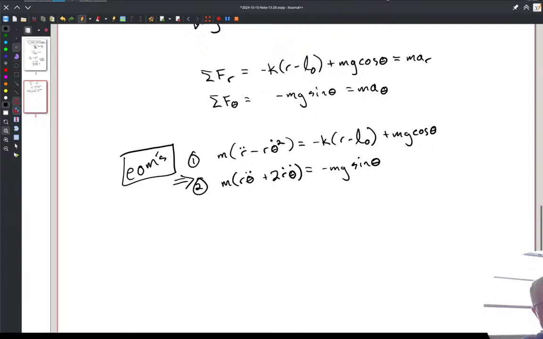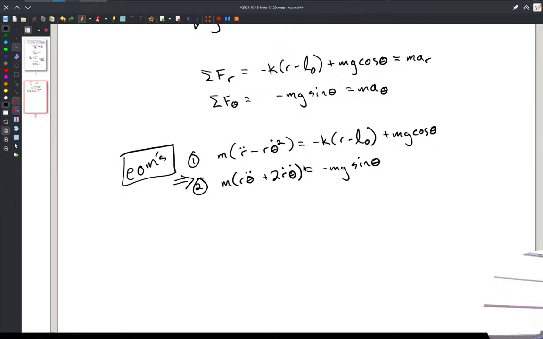So in terms of getting to a point of identifying the equations, I've identified 2 equations of motion, and they might not be completely independent, but they're 2 different ways of describing R and theta, and they are coupled with each other right now. I'll show you some engineering tricks in a second about how I can decouple these equations.